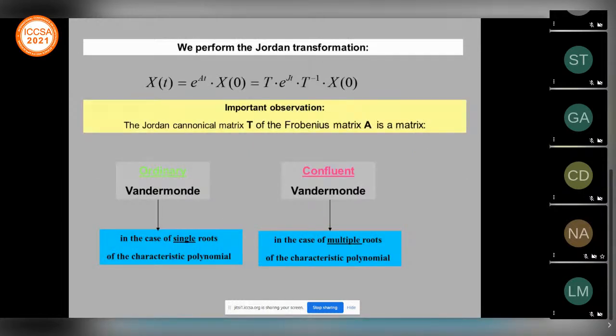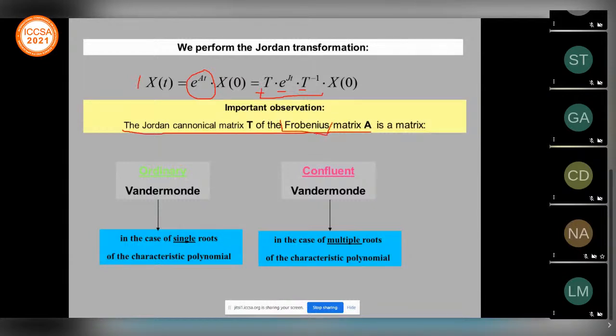In other words, we write it in the following way: X of t is equal to the exponent for the differential equation, exponent of At, and the exponent is just equal to the similarity matrix T, exponent, and inversion. The similarity matrix T, in other words, we can call it the Jordan canonical matrix T of the Frobenius matrix A. Frobenius is another word for companion.